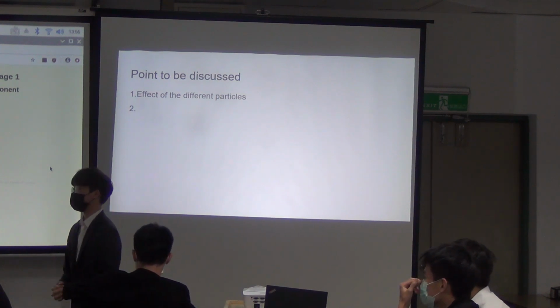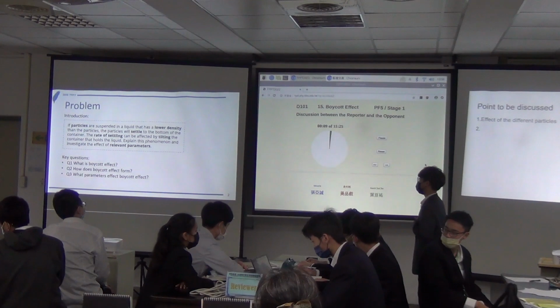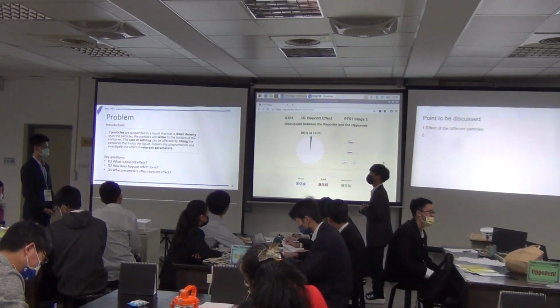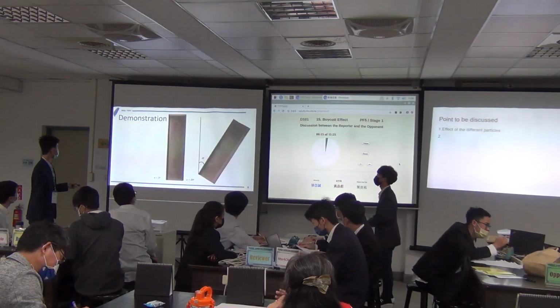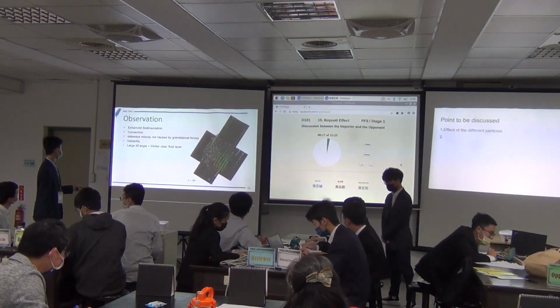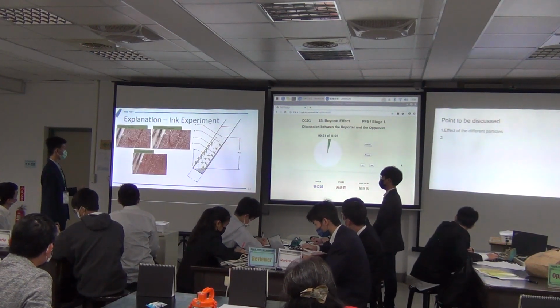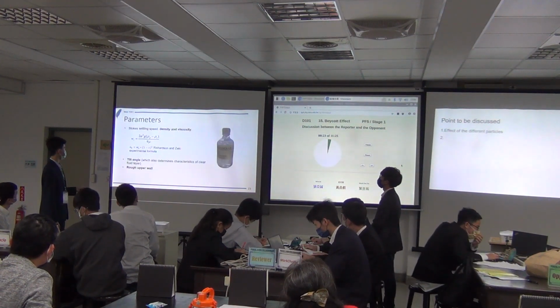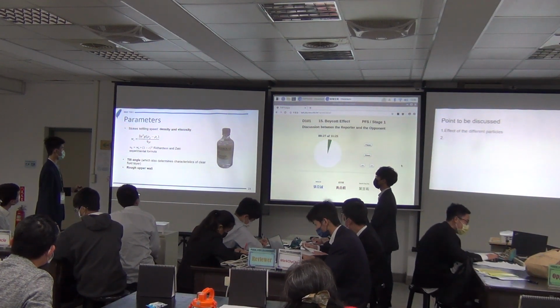So yeah, first I want to continue the previous question: will different particles affect the final result of the experiment? Yes, first of all, particle velocity is determined by its diameter and its density. For example, for a larger particle, the settling velocity will be larger.